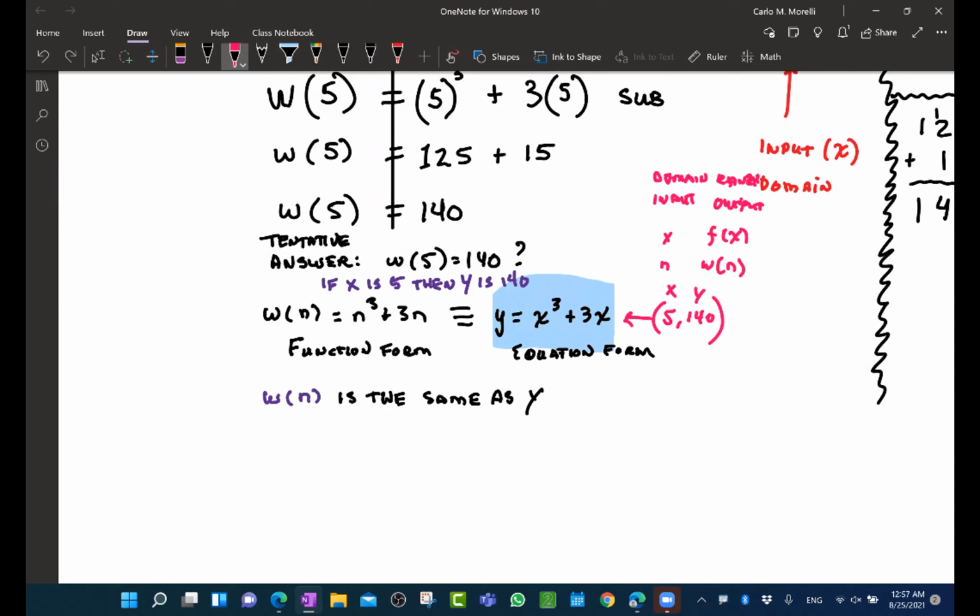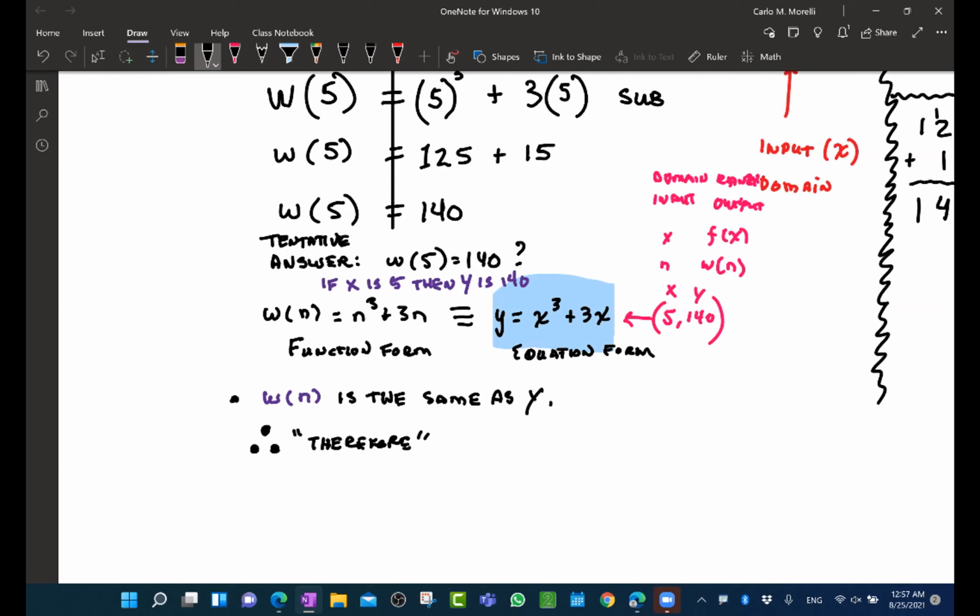But let's jump back here. So I made this sentence here, right? W of n is the same as Y. So I'm going to use a new symbol for some of you, and that's this symbol. There's 3 dots right here. Okay, that symbol means therefore. You're going to see me use this symbol a lot, okay?